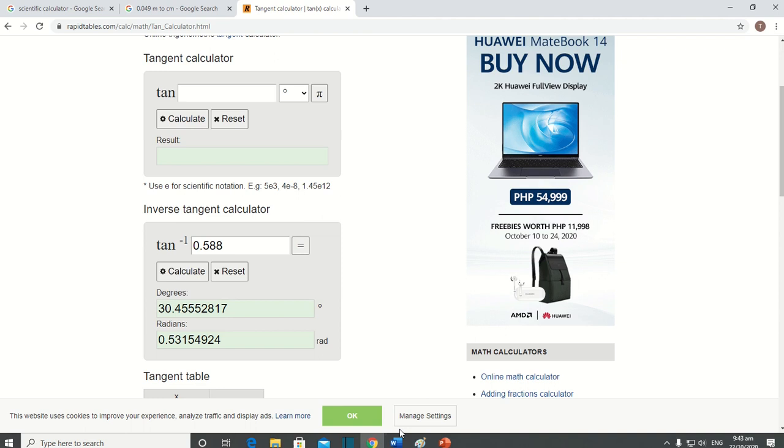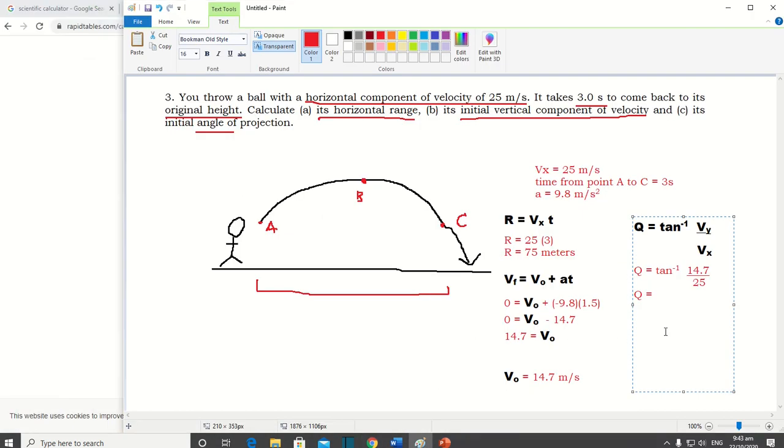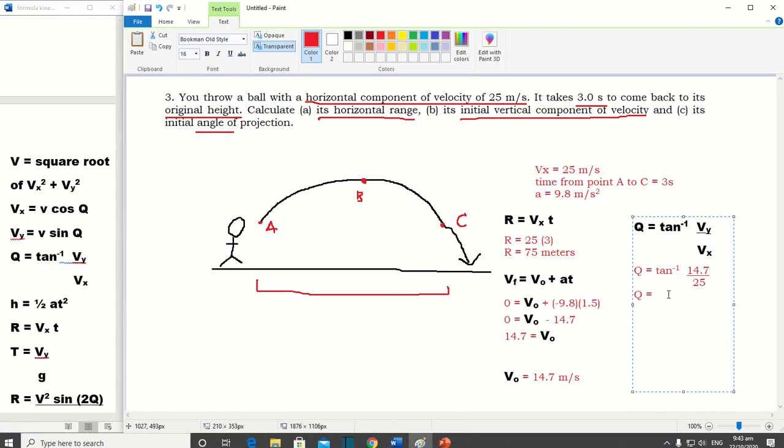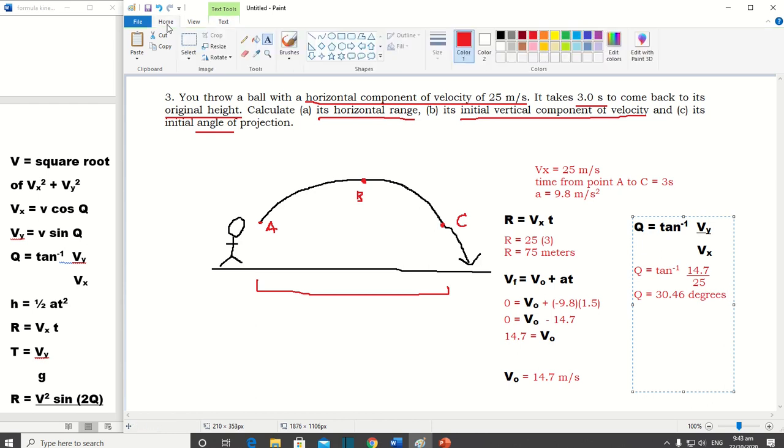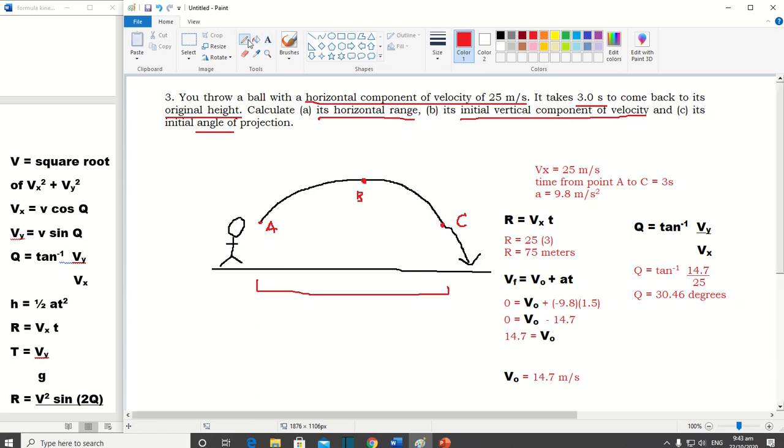Ayan. Sulat na natin ulit. Input na natin dito. So, ang ating angle of projection, initial angle of projection is 30.46 degrees.